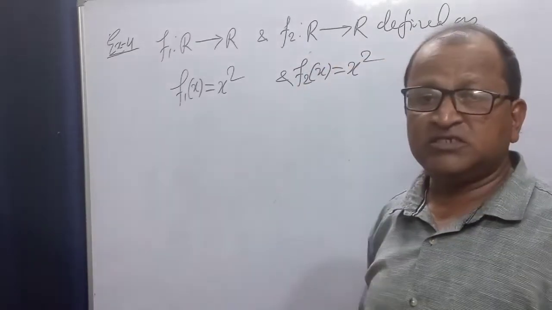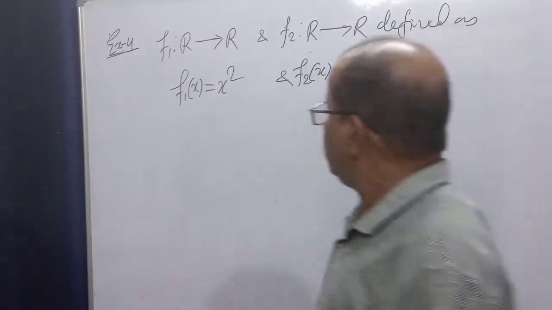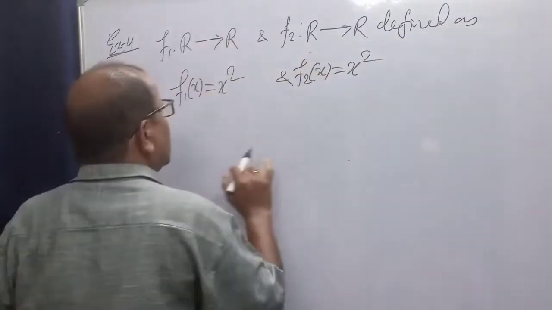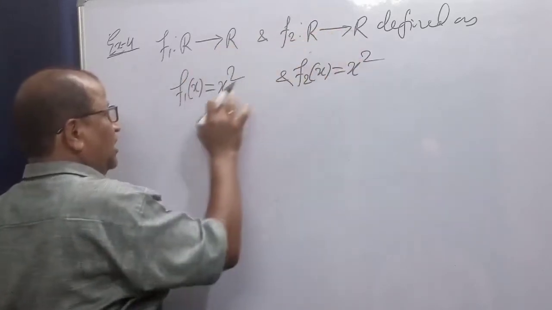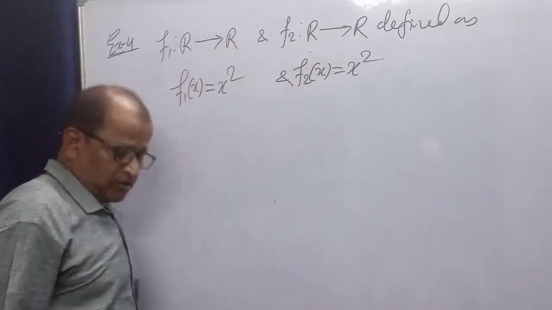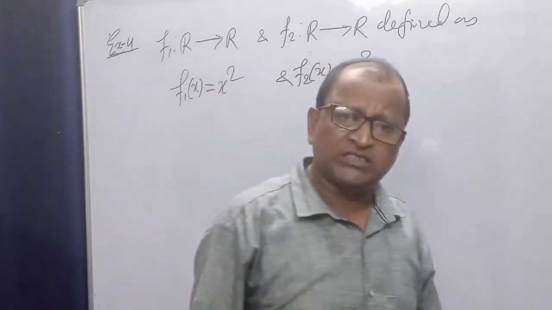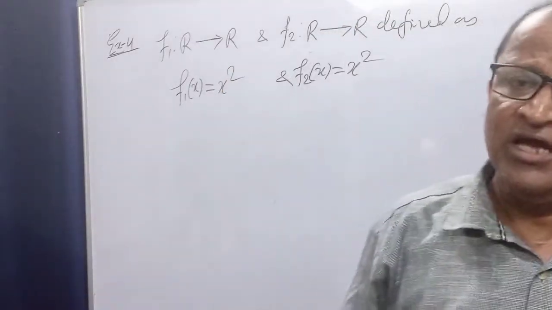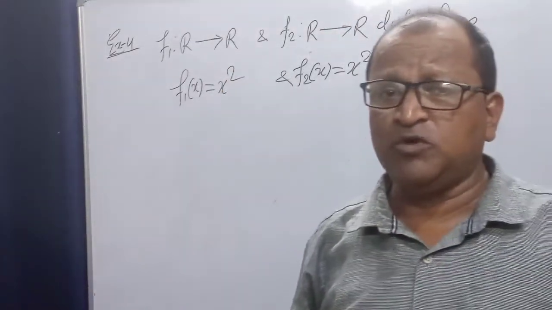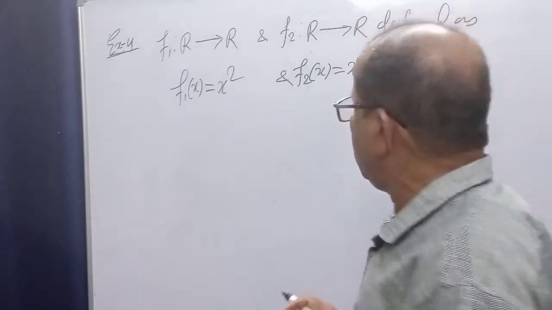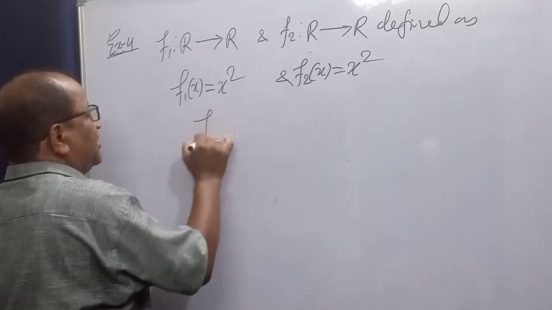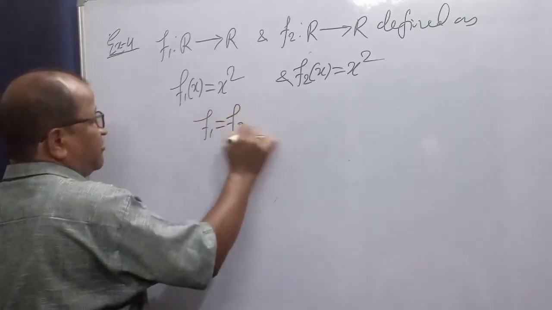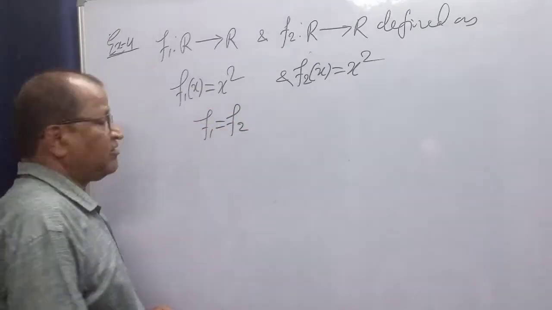Here both the functions are equal because their domains are equal, codomains are equal, and expressions are also equal. For all x belonging to the domain, the functional values will be the same. So yes, f1 is equal to f2 here, right?